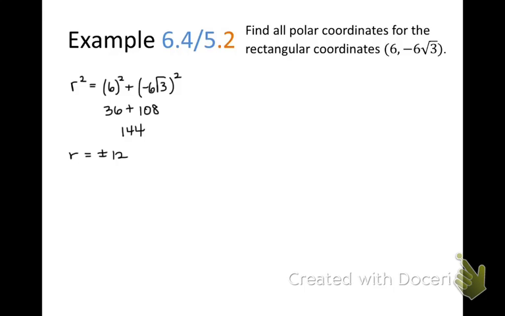Okay, how am I going to find theta without using one of those R values? Tangent inverse of what?